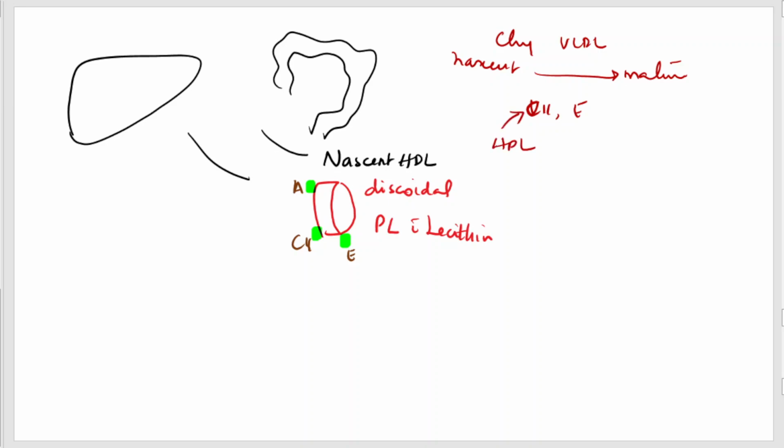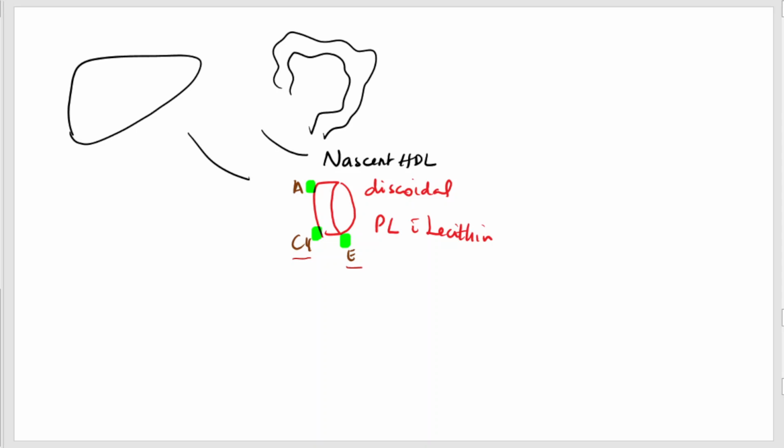Do you remember? This happens routinely in the circulation. After the metabolism is over, the C2 is given back to the HDL in the circulation. So this is the function of the C2 and E. The HDL molecule serves as a reservoir of C2 and E so that it converts the nascent forms of chylomicron and VLDL to their mature form.